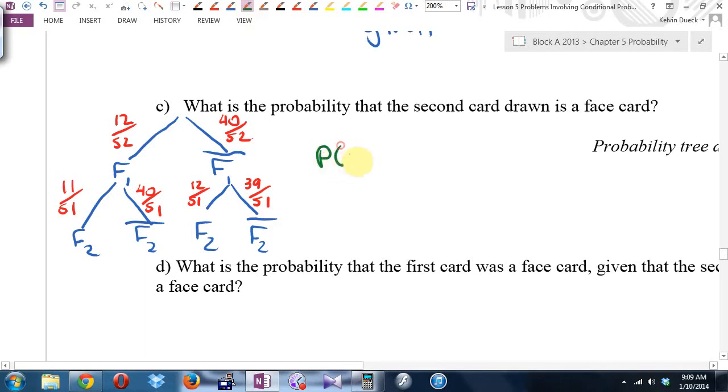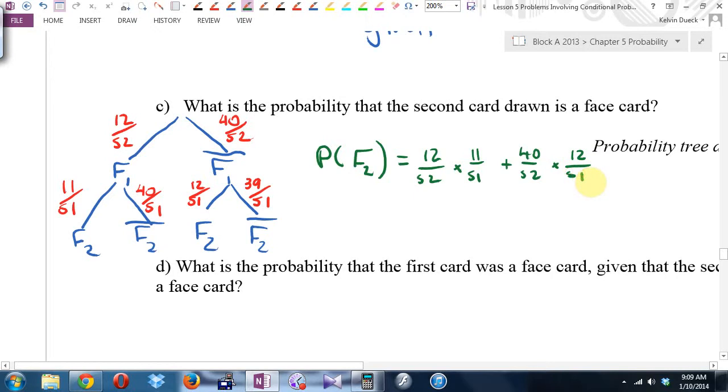So we want the probability of the second card being a face card. What's that going to be? Talk me through it. What will I write? 12 out of 52 times 11 out of 51, that branch, or that branch.